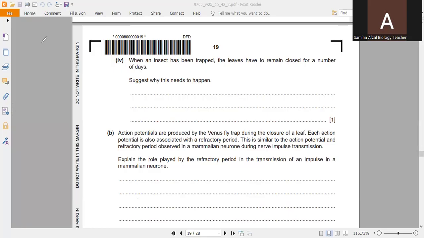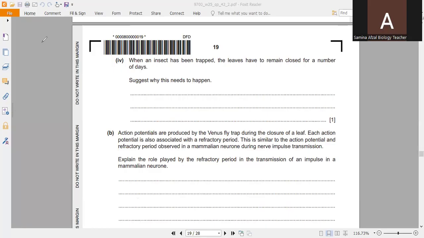digestion, because when a Venus flytrap captures an insect, the trapping is only the first step. The leaf stays sealed to create an airtight digestive chamber. It takes several days for the plant to secrete digestive enzymes to break down the insect's soft tissues.